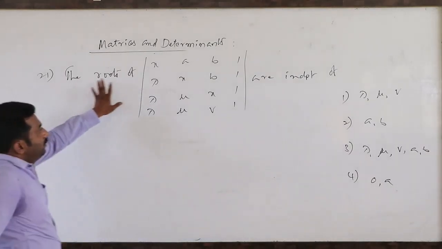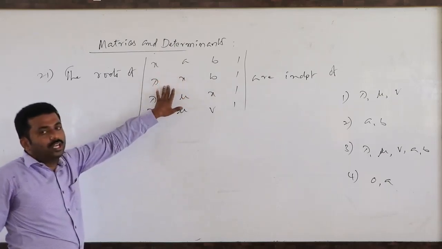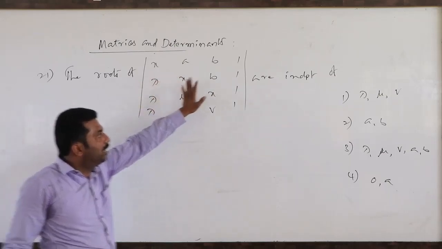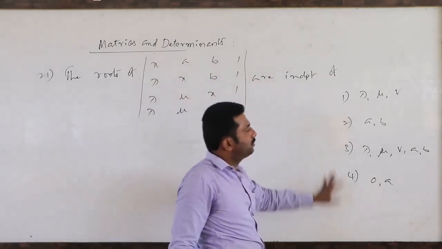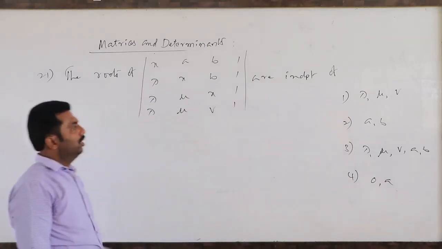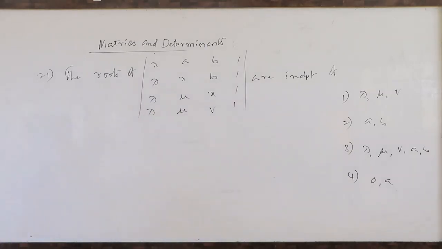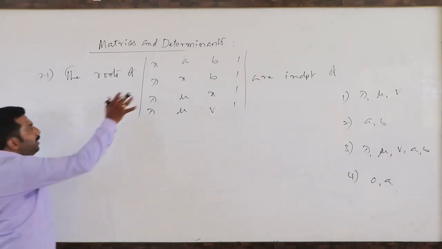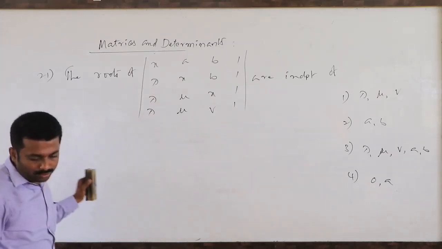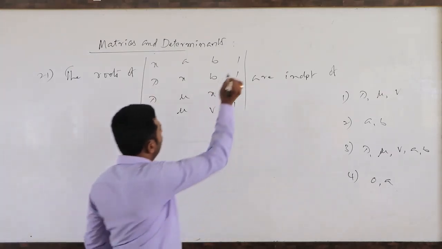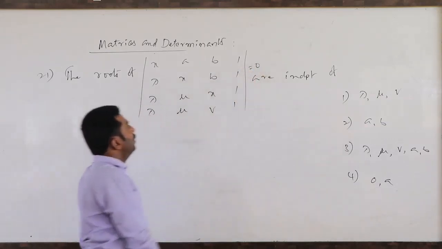So the roots, how many roots are there? Whatever the roots, those roots are independent of which one among these, we have to calculate. Roots mean nothing but x values. You observe this determinant equals 0. Yes, equal to 0.